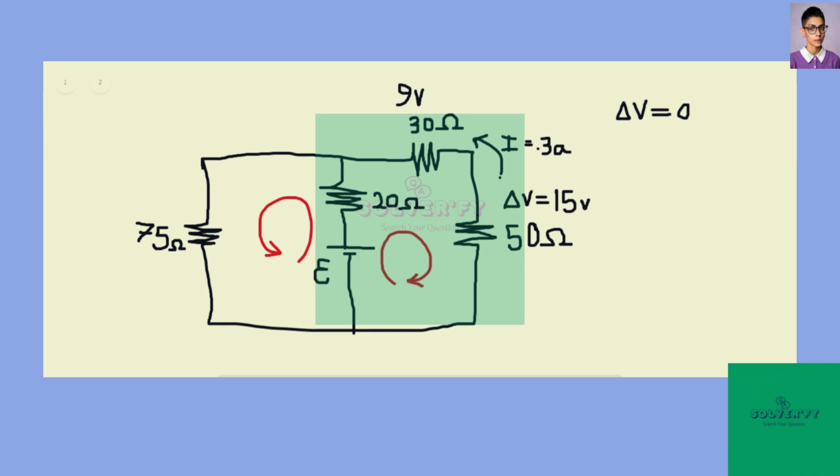So now we see that if we add together this 15 volt drop across the 50 ohm resistor and the 9 volt drop across the 30 ohm resistor, we're going to get 24 volts across this half of the circuit. Now, these two resistors are actually in parallel with this other 75 ohm resistor. And that means that the voltage drop across the 75 ohm resistor is actually equal to the voltage drop across the other two. And that's actually going to become really relevant for us in a second.